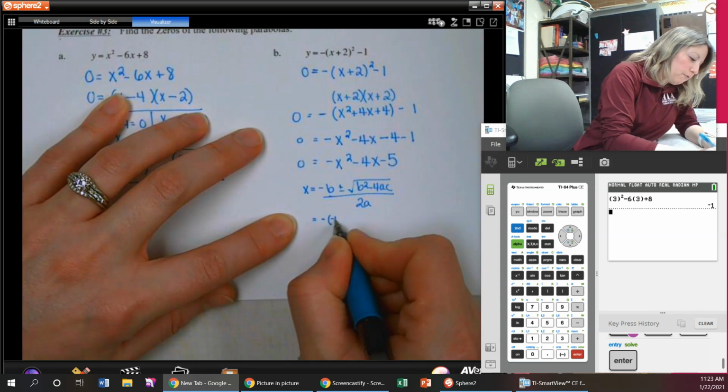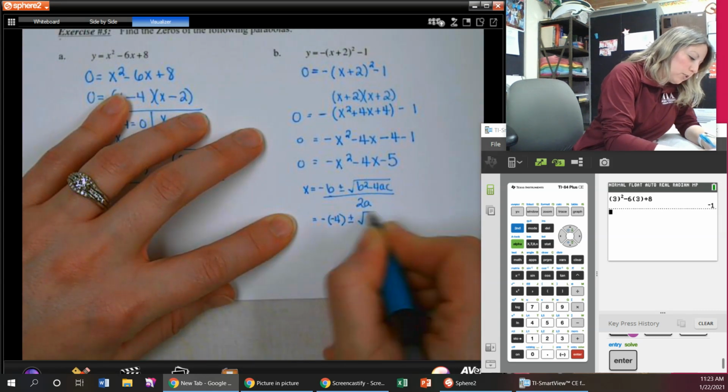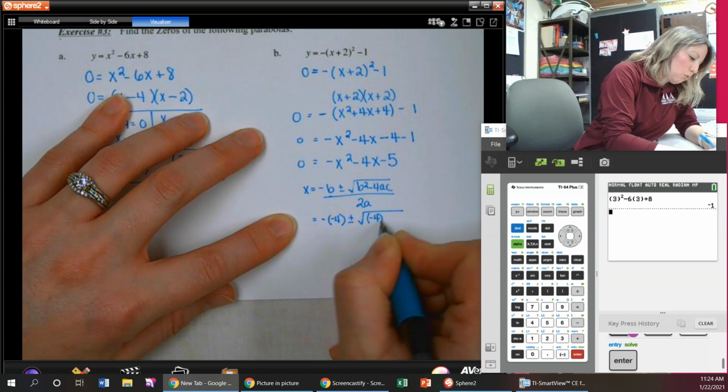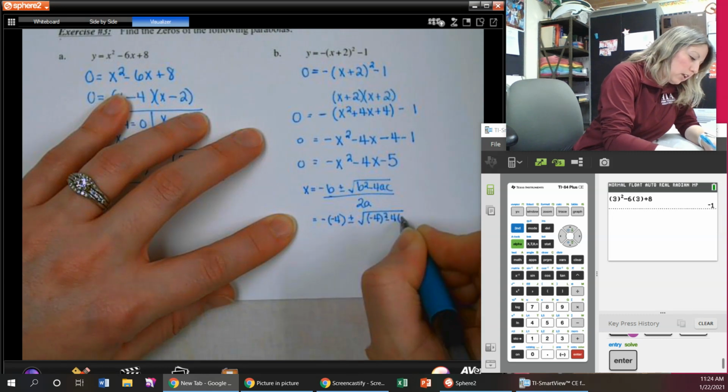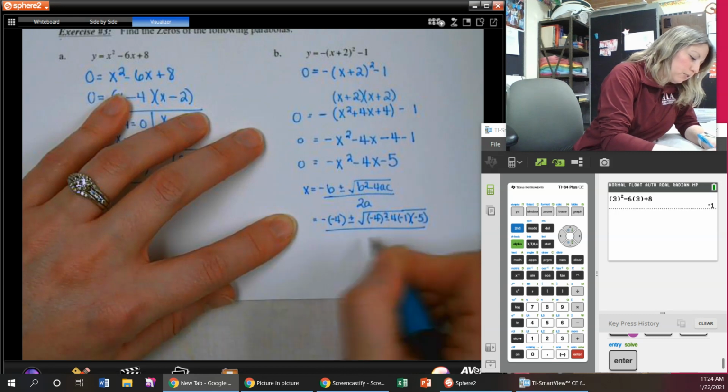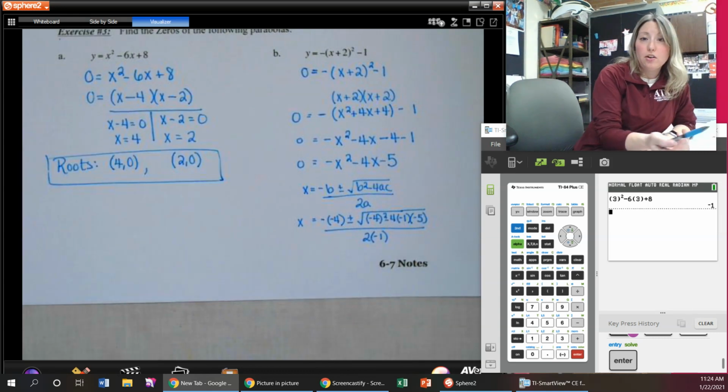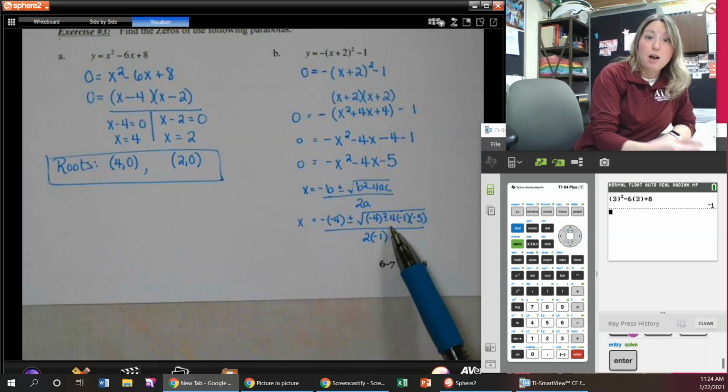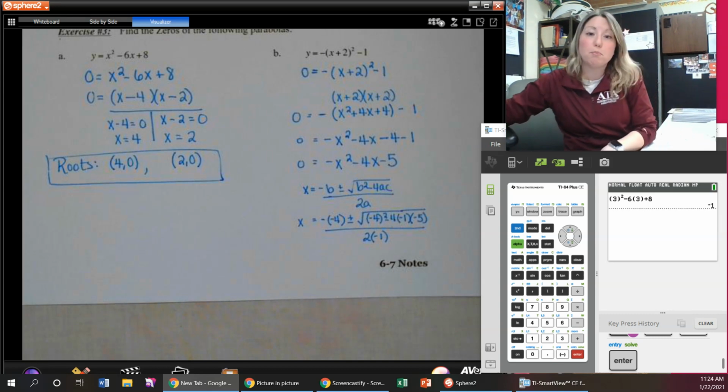Let's see. Negative of negative 4 plus or minus the square root of negative 4 squared minus 4 times negative 1 times negative 5. Uh-oh, this guy's going to be negative. All divided by 2 times negative 1. So I can already tell based on my discriminant, I'm going to end up with a negative number under the radical.